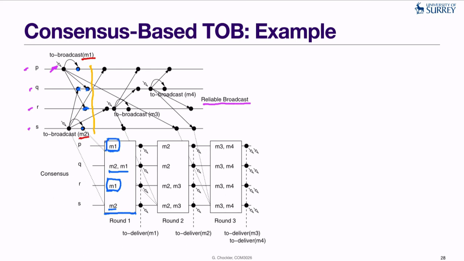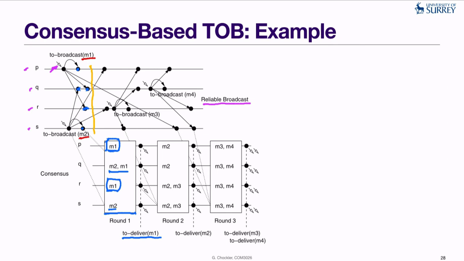It gets decided, and so that will trigger a total order deliver event on all 4 processes in the first round. Okay, so at this point all processes will remove M1 from their unordered set and they will be free to proceed to the next round.